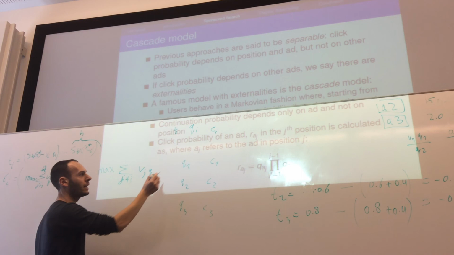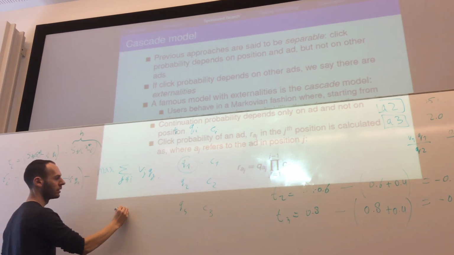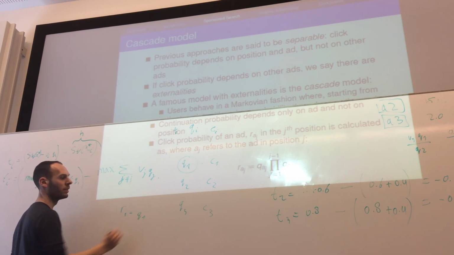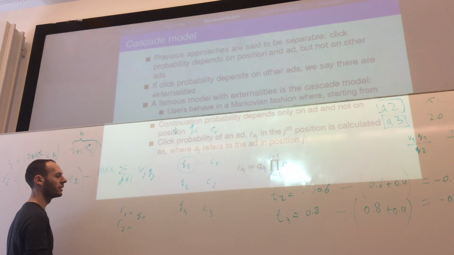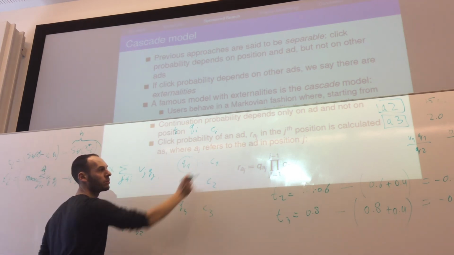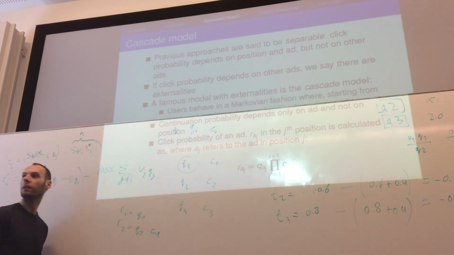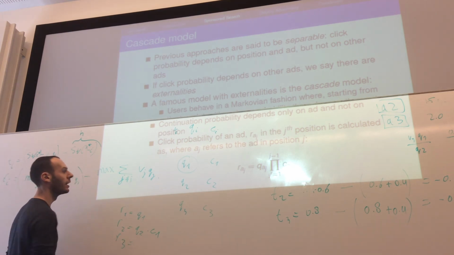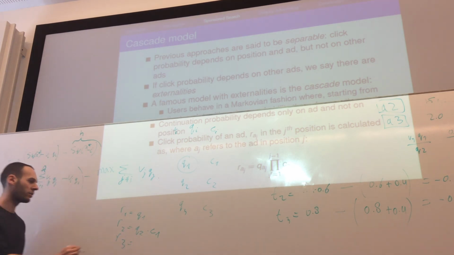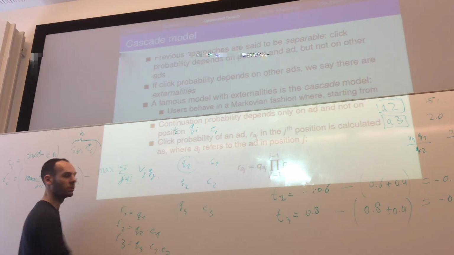The probability that ad 1 is clicked is simply Q1. Now the probability that ad 2 is clicked is Q2 times the continuation probability C1, so times C1. And the probability that the third ad is clicked is Q3 times C1 times C2.